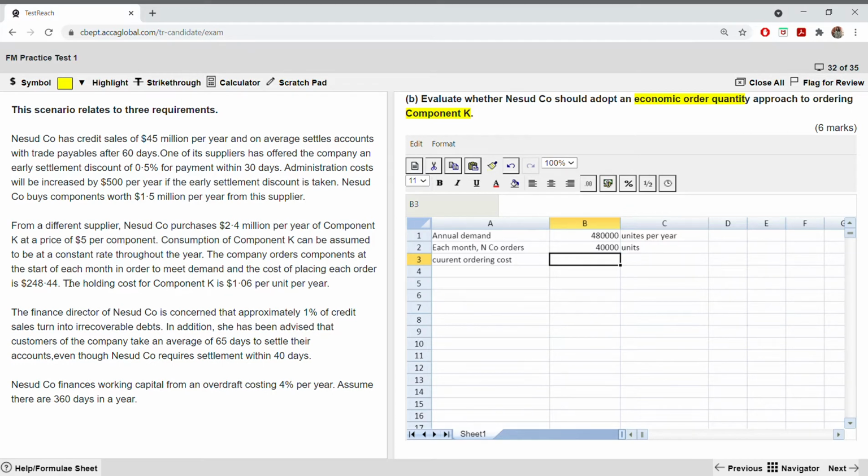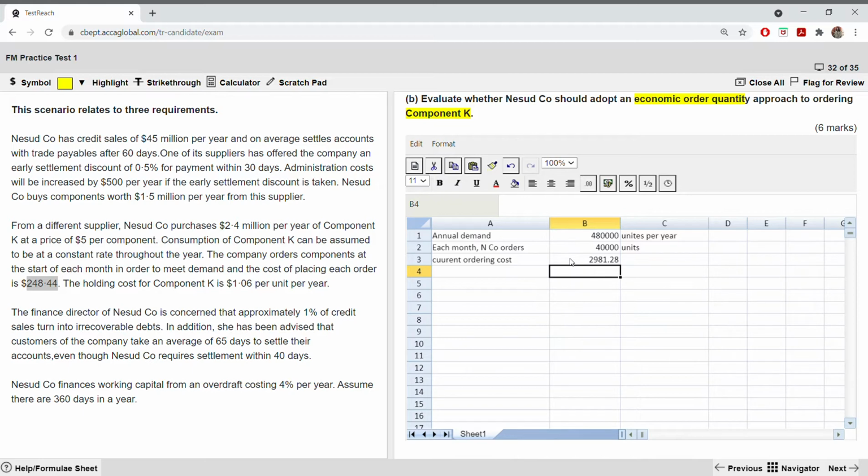In order to meet demand, the cost of placing each order is 248.4. This has to be multiplied by 12, if you have to find out the annual figure. So equal to 248.44 multiplied by 12.